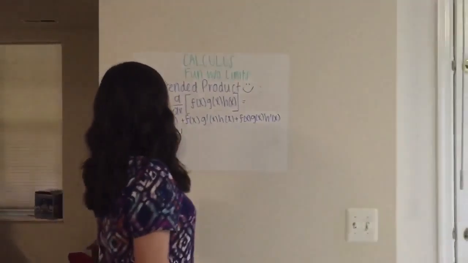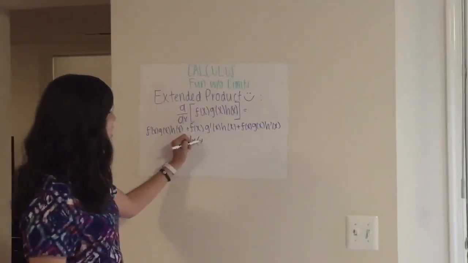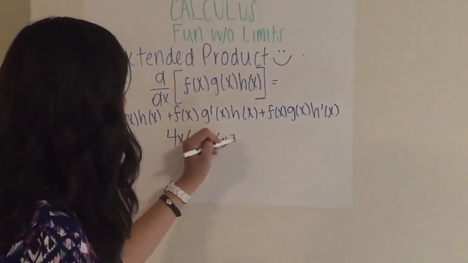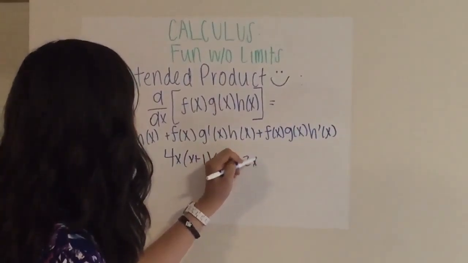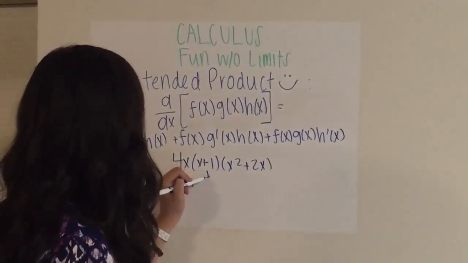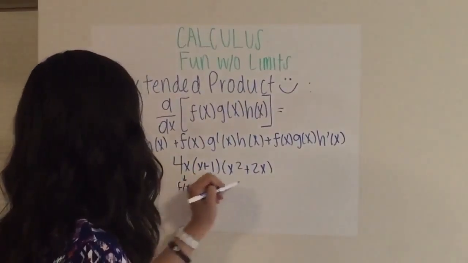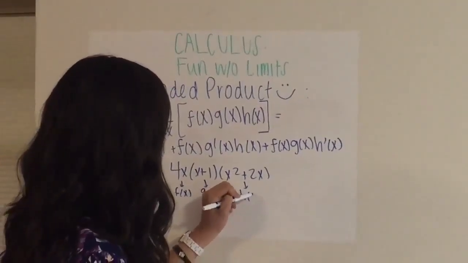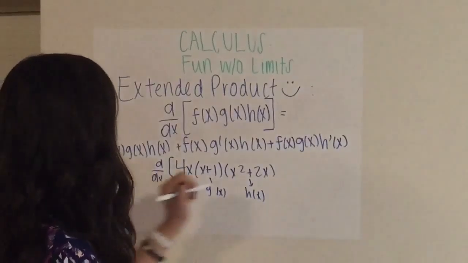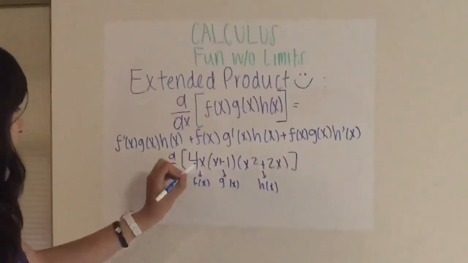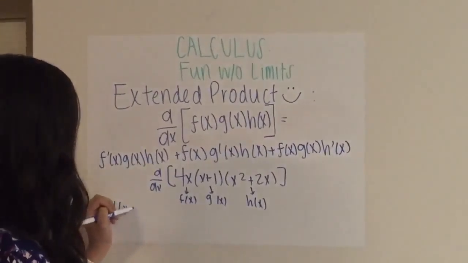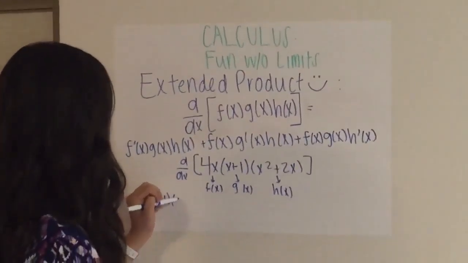So if we have 4x times x plus 1 times x squared plus 2x as our function, we will call the first f of x, the second g of x, and the third h of x. When we take the derivative, first we derive the first one, so we're going to have 4 times x plus 1 and x squared plus 2x.